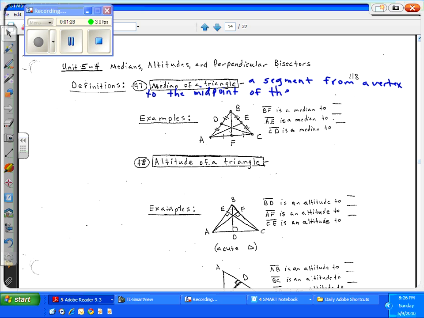And here we go with that opposite stuff again. Pretty important to know what's opposite. So a segment from a vertex to the midpoint of the opposite side.